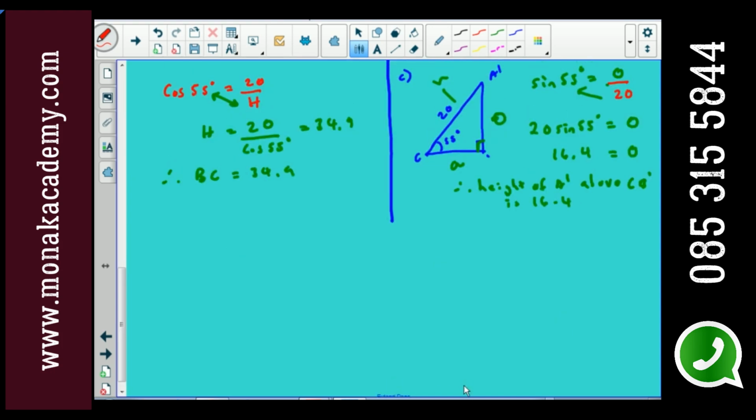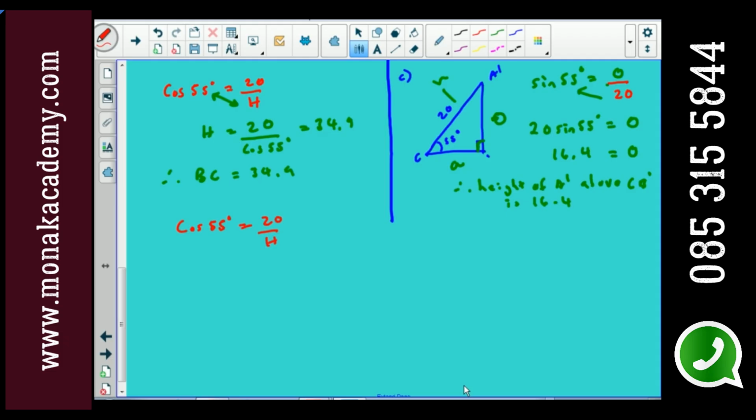What I did with this first one, if we were to go the long way, what were we going to do? The long way is whenever you have a fraction, the first thing is to get rid of the fraction. How do you get rid of the fraction? You multiply both sides by the denominator.